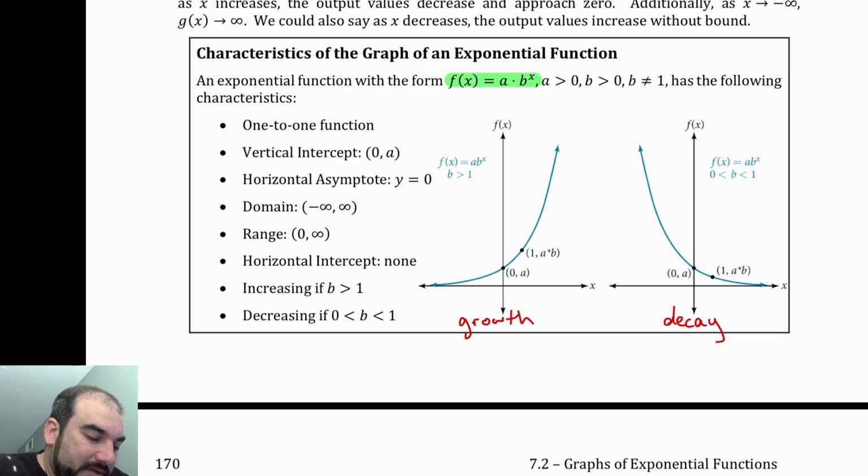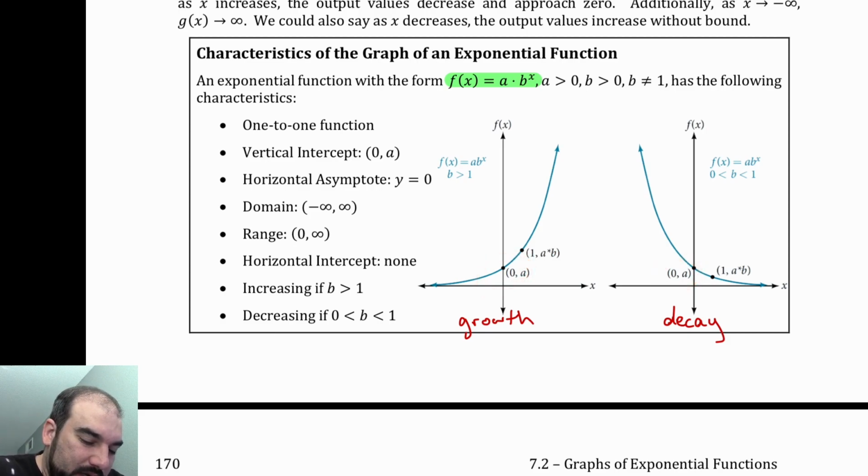Now, some key characteristics. a is very important to where the graph crosses the y-axis. So it always crosses at (0, a). Until we start introducing shifts, horizontal or vertical shifts to the graph, we're going to cross at (0, a).